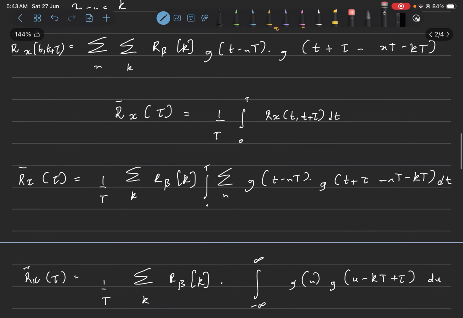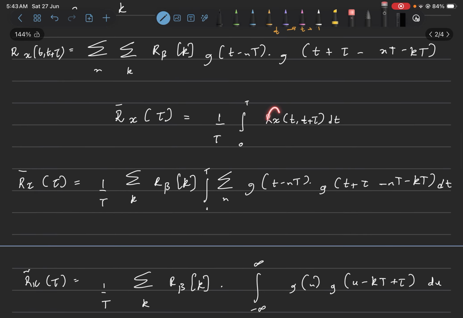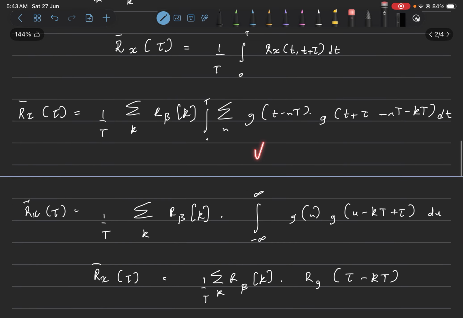Next, we can plug the value of Rx from the above equation, so we'll end up at this. Now here we have a summation over n, so we can have this for n equals 0. For n equals 1 we'll have t minus T, so we can do a substitution of t minus T equals u, so this becomes du, and these limits become minus T to 0.